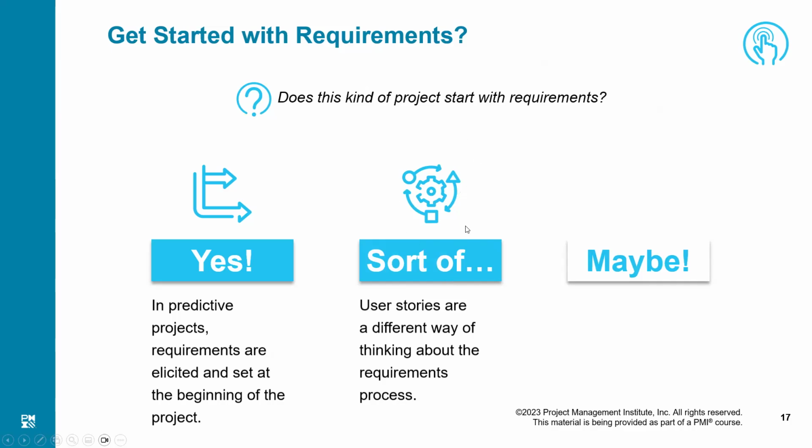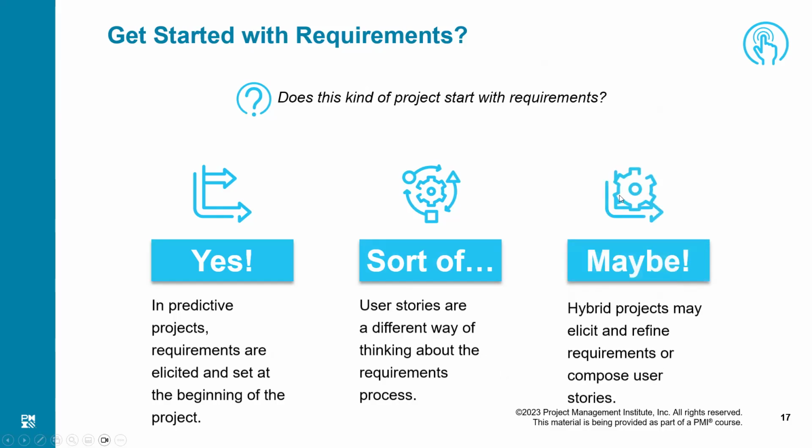It is agile, where the user stories are a completely different way of thinking about the requirement process. And hybrid is maybe because hybrid means they may elicit and refine requirements at top, and at the bottom we are working with the user stories.